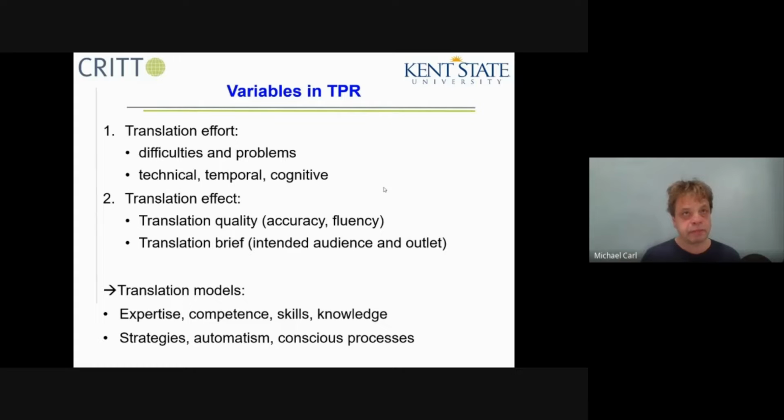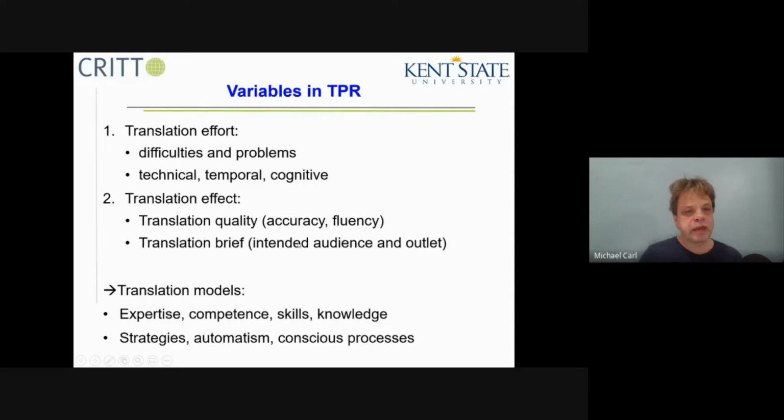If we see much going back and forth between different parts of a text, that is maybe an indicator of cognitive effort and so on. So cognitive effort we can only measure indirectly, whereas technical and temporal effort we have direct measurements. So effort is one important variable, and we want to decrease it. Translators are interested in spending as little effort as necessary.